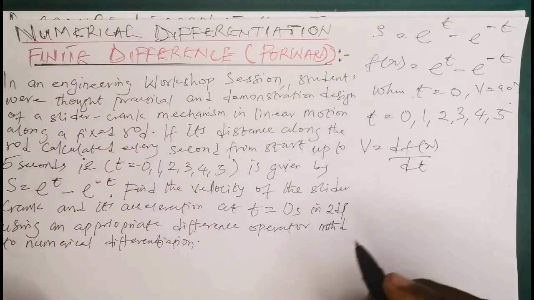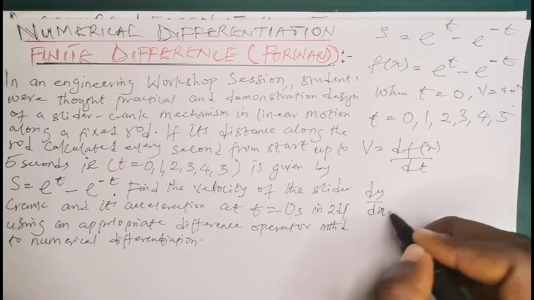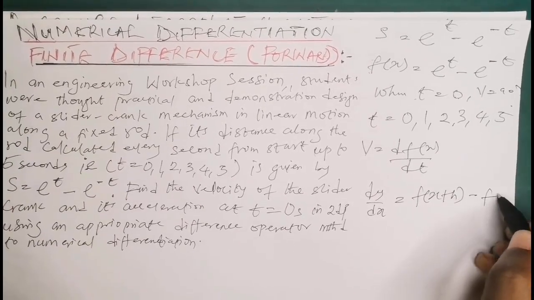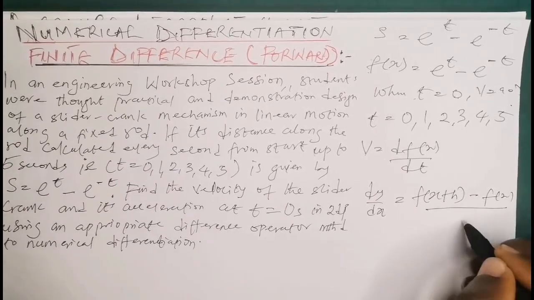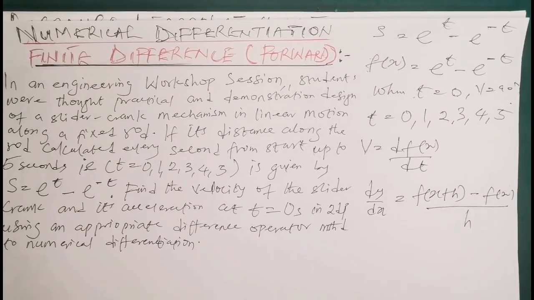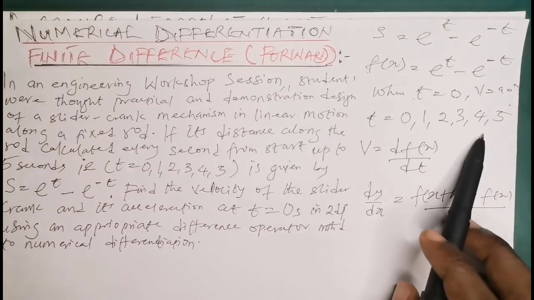And using the forward difference method, we know that our first derivative, dy over dx, is given simply as f of x plus h minus f of x all over h, where h is called the interval. And what is interval? Interval simply means the difference between successive values, in this case successive values of the time t.